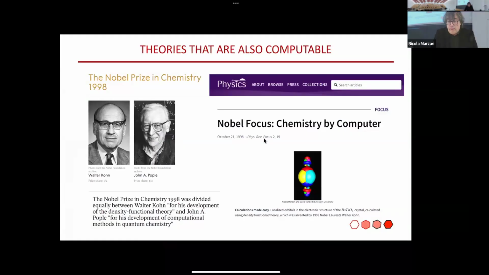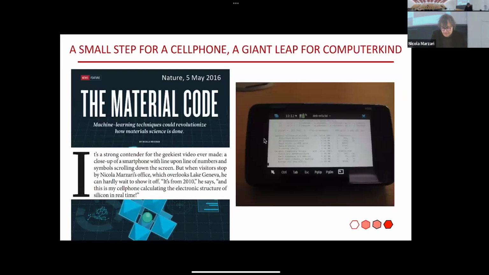That is, you want theories that give you equations that can be implemented on a computer. And this is why density functional theory, which we'll discuss extensively today, has become so popular, because it's very computer friendly and the predictions that it gives you are very accurate. And actually Walter Kohn, the person behind it, got the Nobel Prize in 1998.